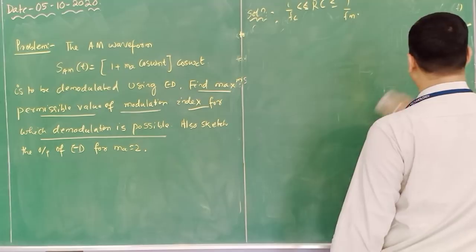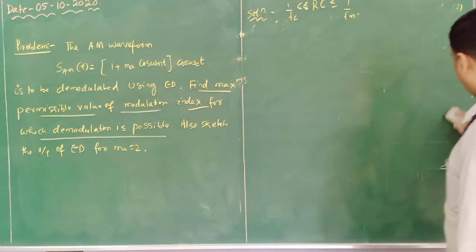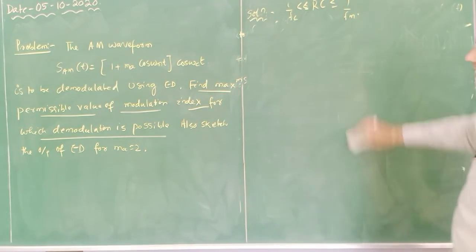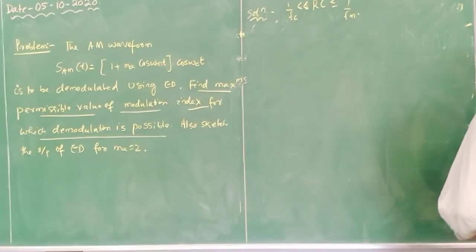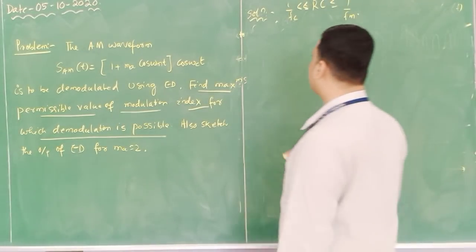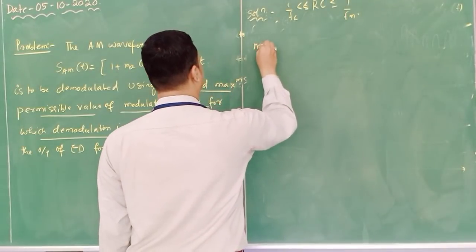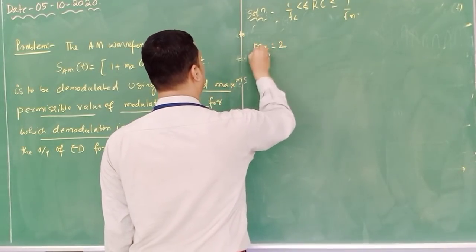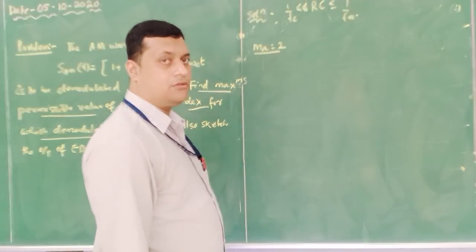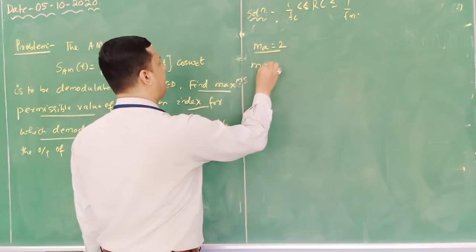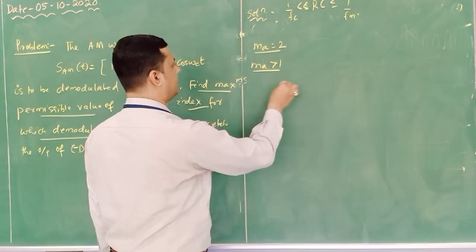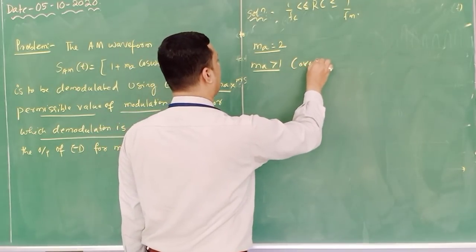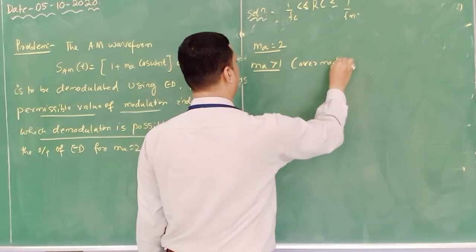Only the envelope is available, but we cannot extract the modulating signal. We will see. For the second case, if Ma is equal to 2, that is Ma greater than 1, so this comes under over modulation.